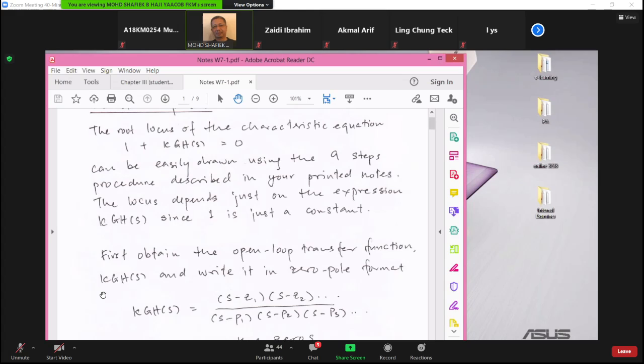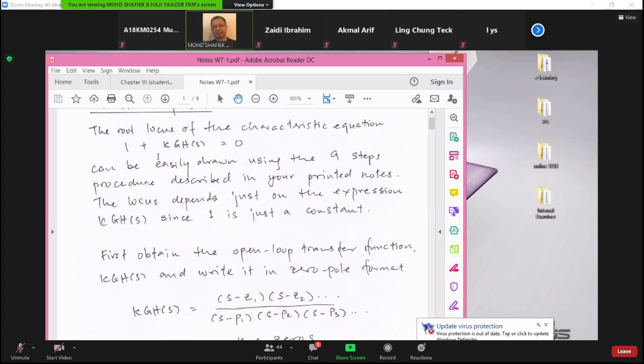We are just using the open loop transfer function to help us draw the root locus diagram of the closed loop system. See, there's a confusion there already. One is the closed loop system, one is the open loop transfer function.